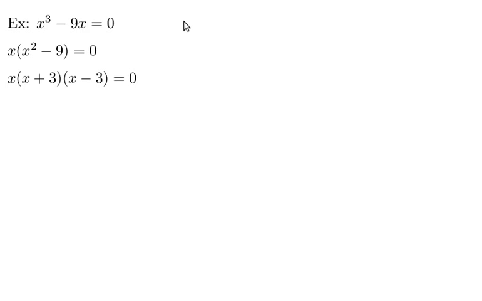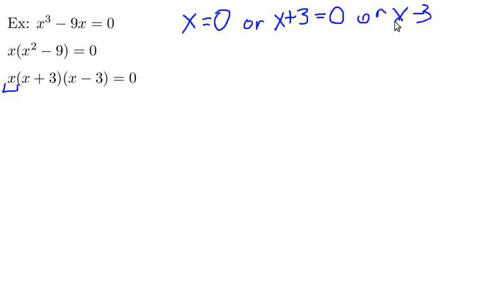So I'm going to do this over here. We have x = 0 because that's one factor. Now if this were like 5 or something, you can't say 5 equals 0, so don't ever write that, because 5 is not equal to 0. So then we can have x = 0 or x + 3 = 0 or x - 3 = 0.